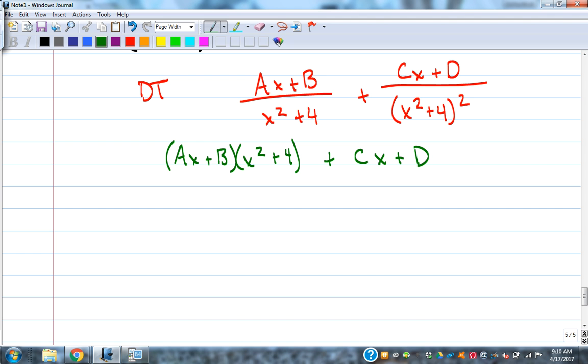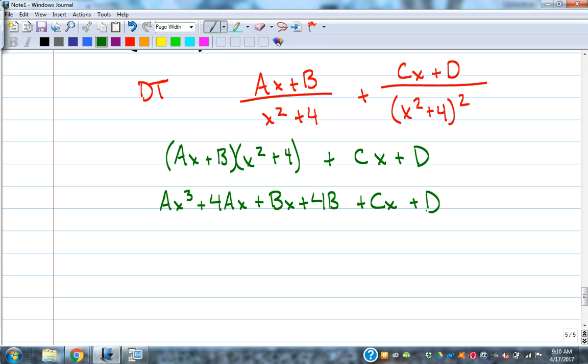It wears you out, doesn't it? So this shouldn't wear us out too bad, because all we have to do is multiply out the first piece. So ax times x squared is ax cubed, plus 4ax, plus bx squared, plus 4b. And then this other one is just copy straight down.